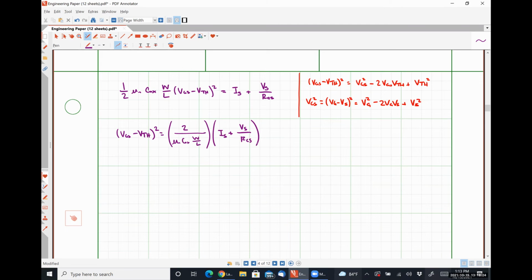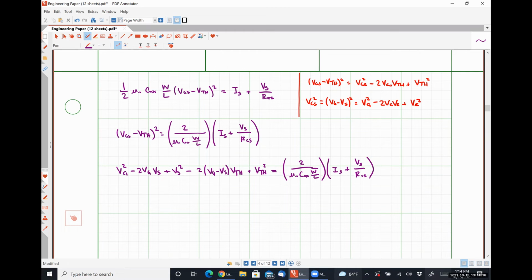And from this, I am going to have VG squared minus twice VG VS plus VS squared minus 2 (VG minus VS) times VTH plus VTH squared is equal to that 2 divided by mu n Cox W over L times IS plus VS over RCS.